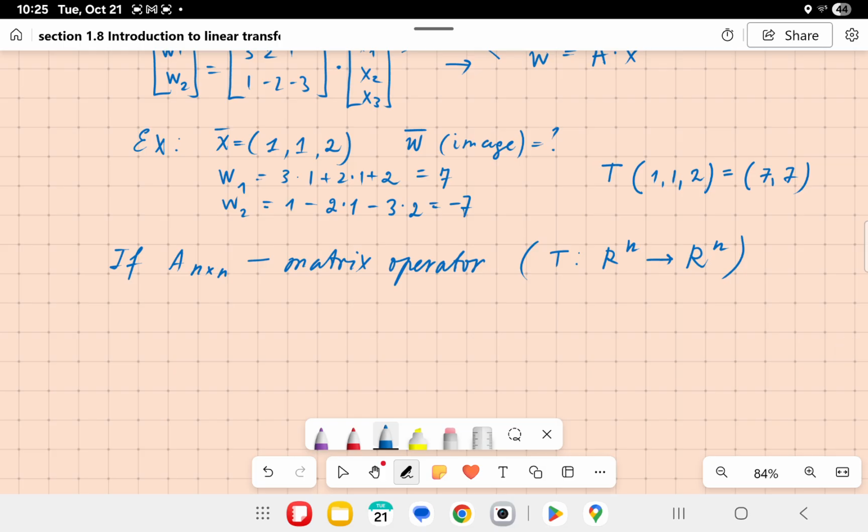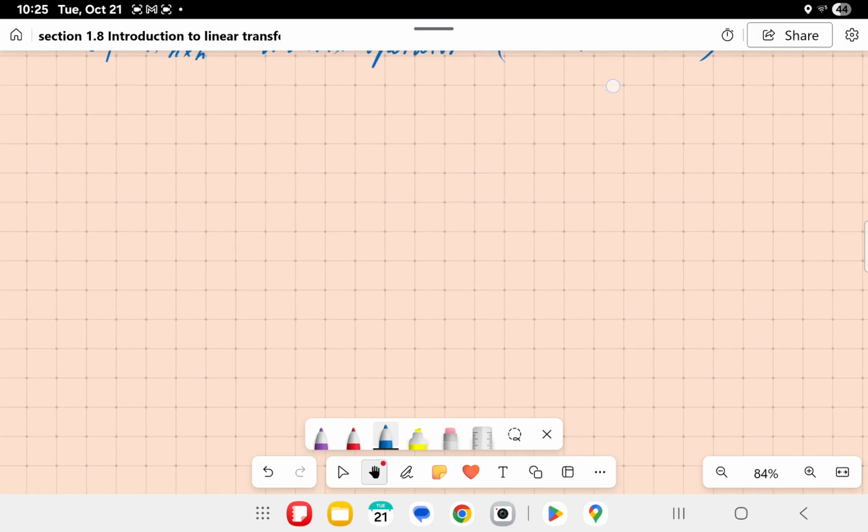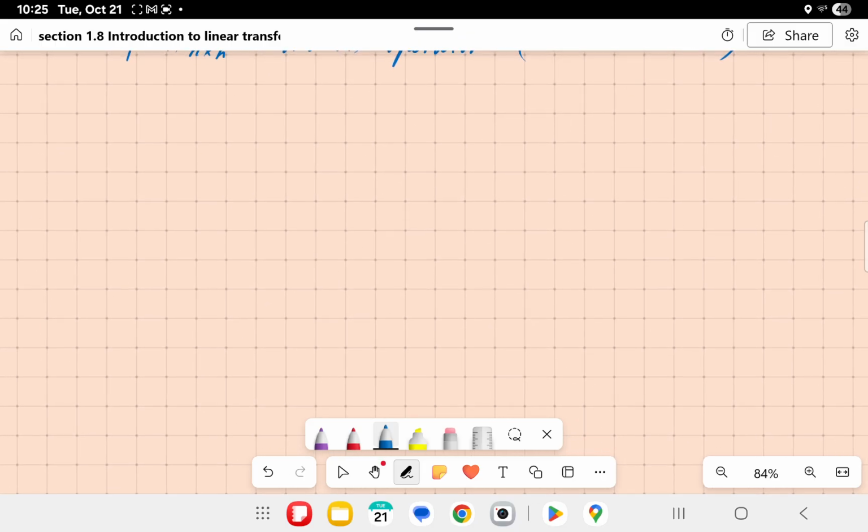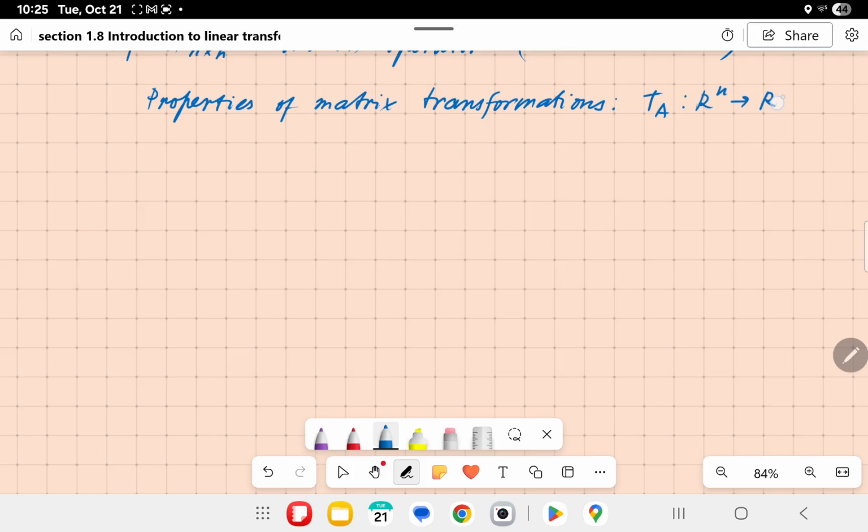Okay, now let's talk about properties of matrix transformations. I'm going to scroll everything up and write down the properties of matrix transformations, TA from Rn to Rm.